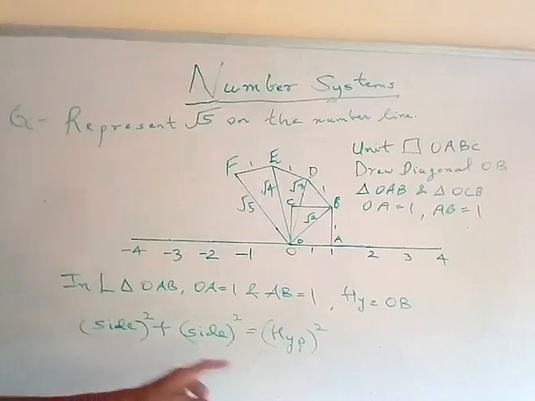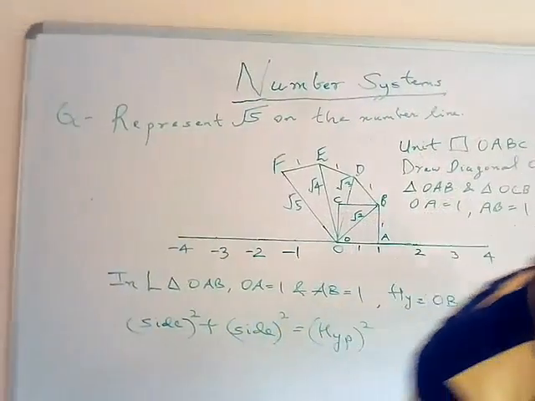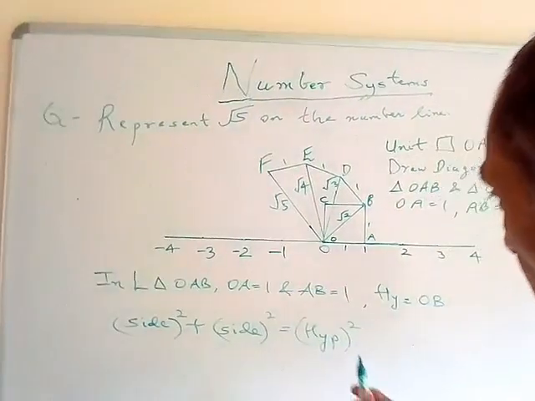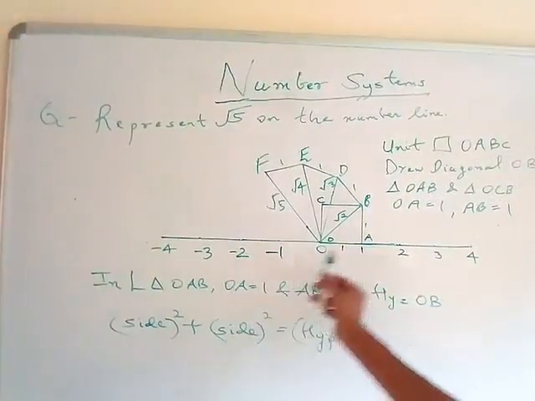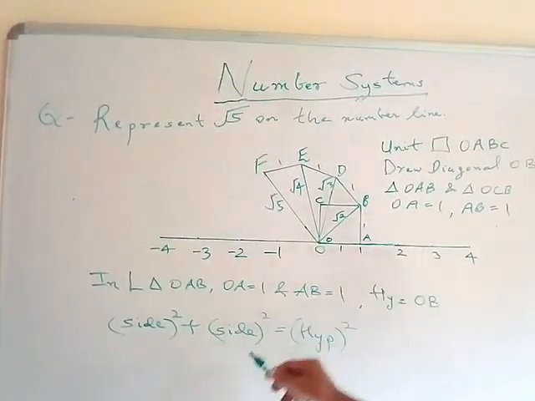This is the Pythagoras theorem formula. Now here we know one side OA is 1 and the second side AB is 1.